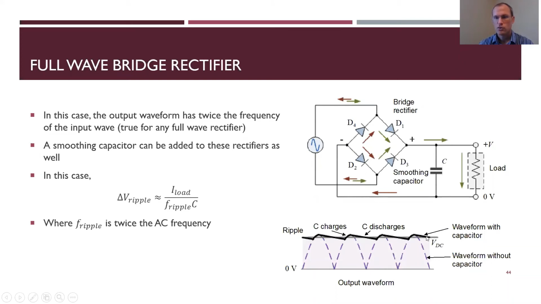You have a little bit of a ripple, with an average DC voltage coming through, which is pretty close to the peak voltage, which is nice. The peak voltage has been reduced by 2 diode voltage drops, or threshold voltages. Adding a smoothing capacitor gives you this little ripple up here. If you didn't add the smoothing capacitor, you'd just have this purple line output waveform.